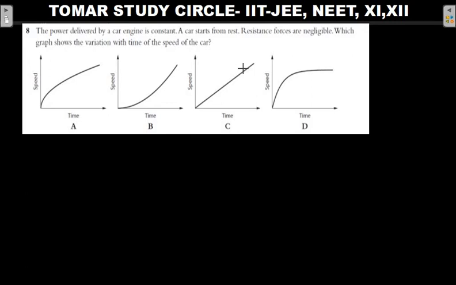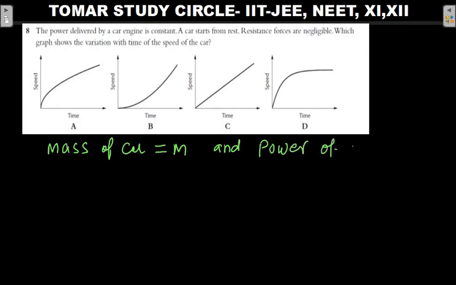Let us consider the mass of the car is capital M and the power of the car is P. Here it is given that P is constant.